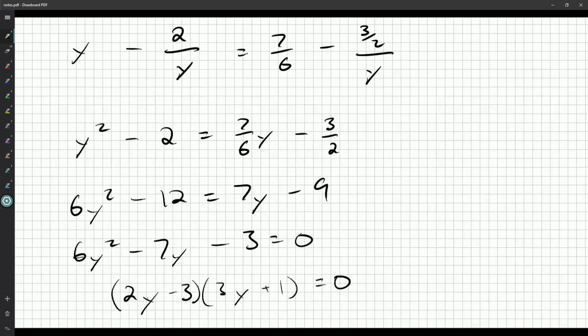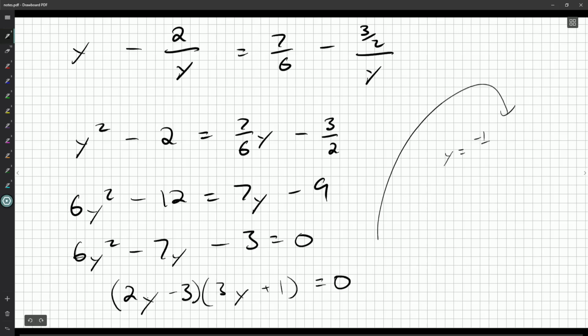So then, where do we go from there? So that tells me the y is equal to negative 1/3 or 3 halves. Okay. But then that tells me that log base 4 of x is negative 1/3 or 3 halves.